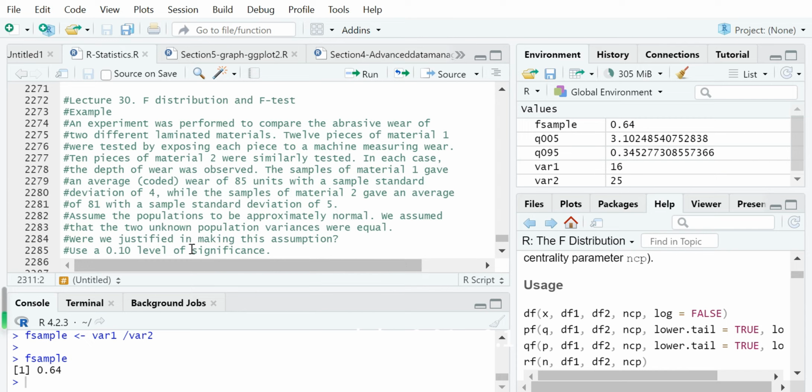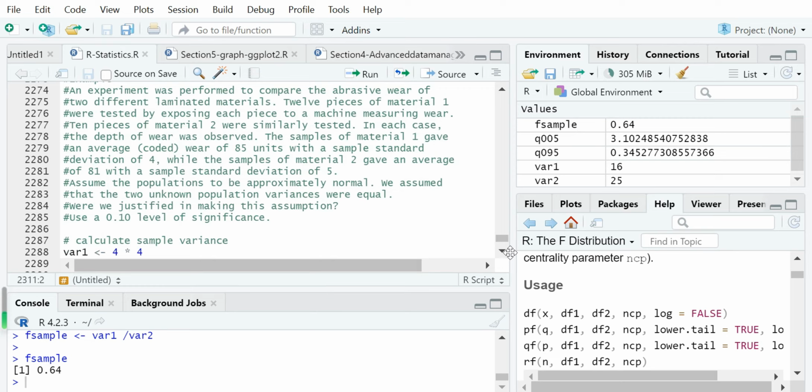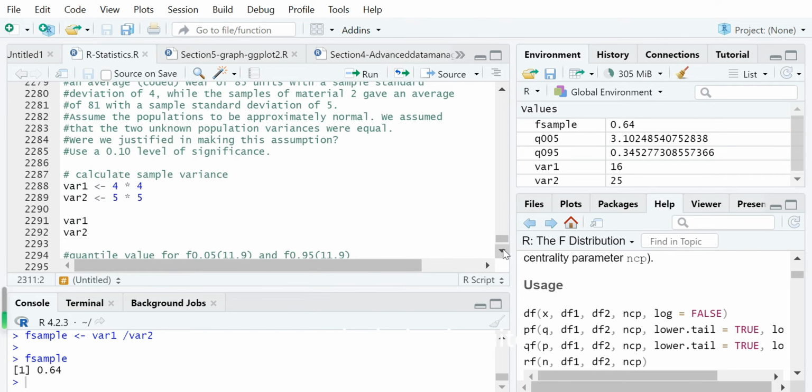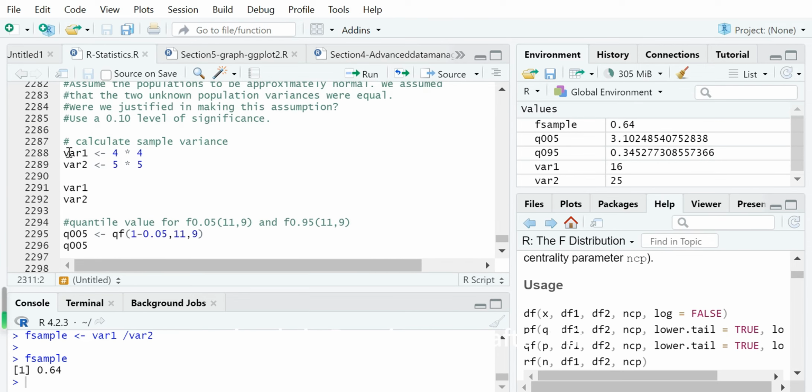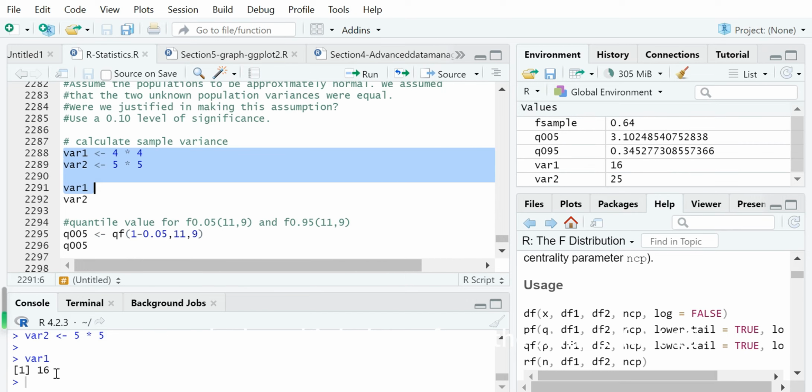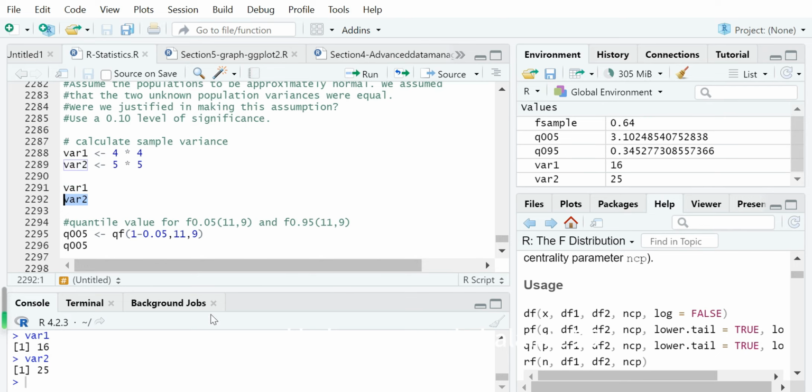Use alpha 0.1. So calculation is quite simple in R. We just calculate the variance first. So we have the standard deviation, so we calculate the variance from the sample. First is 16. Second sample variance is 25.